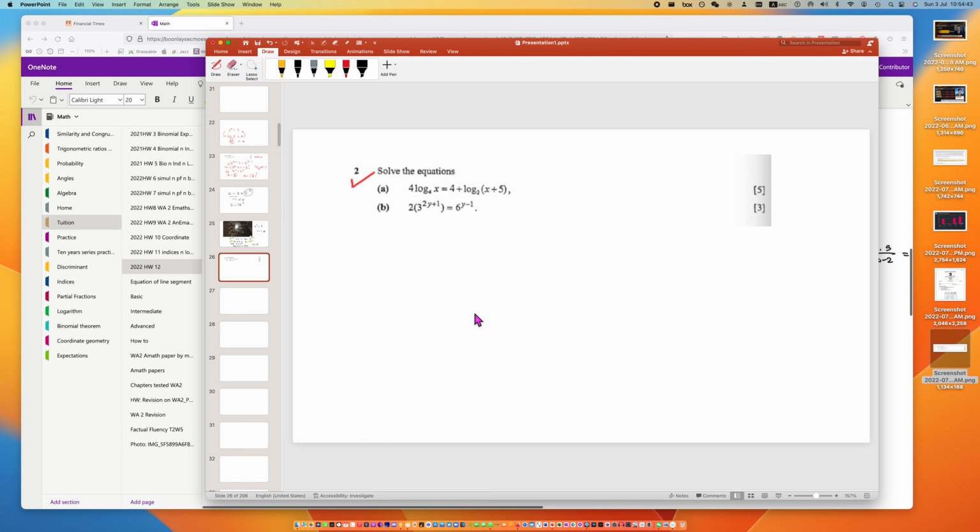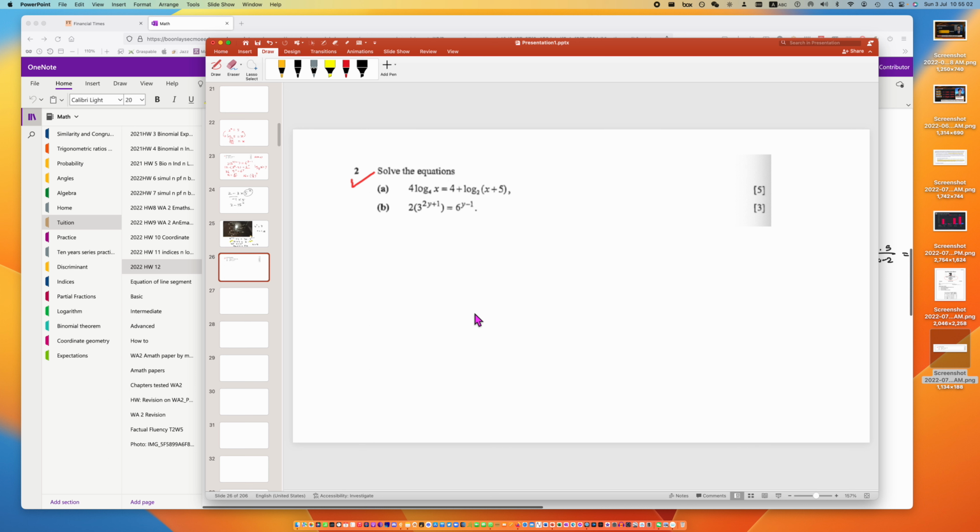What's this log 2 3? Where did the 3 come from? Which one are you talking about? The log 2 3 is another example, instead of a and b, I give you a concrete example.